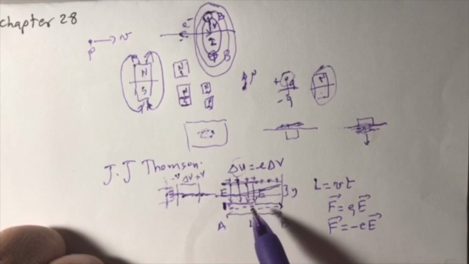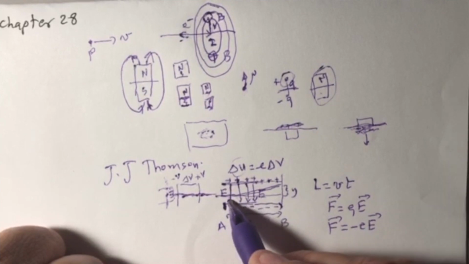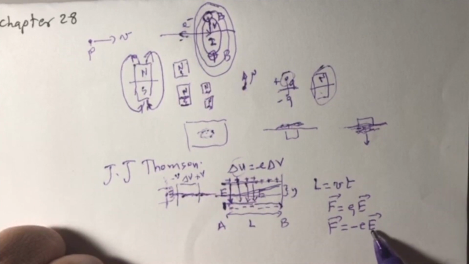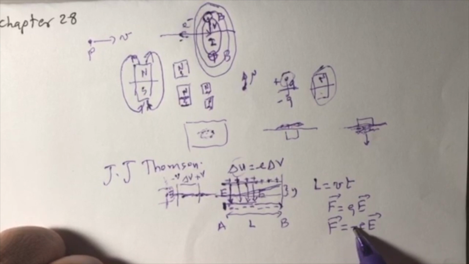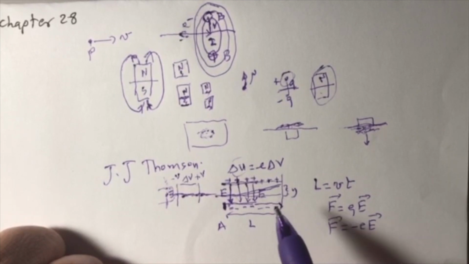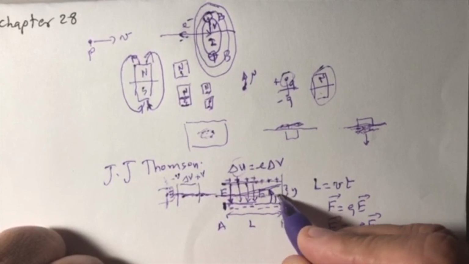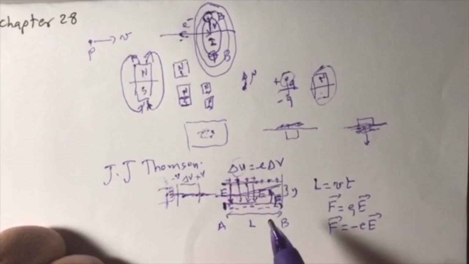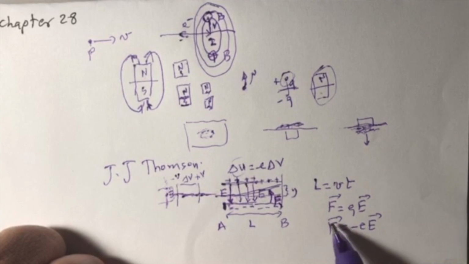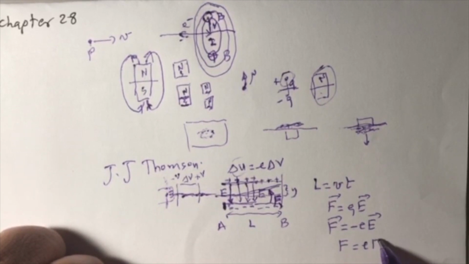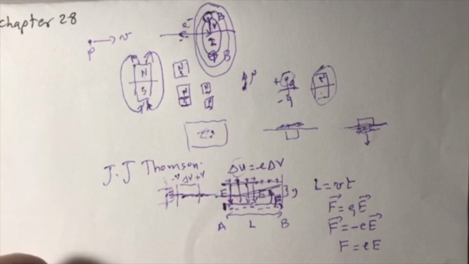You can see the electric field is pointing down, and then you have a negative sign, so it means the force is pointing up. So that's why the electron goes up. In magnitude, we just put here that's the force, Fe.